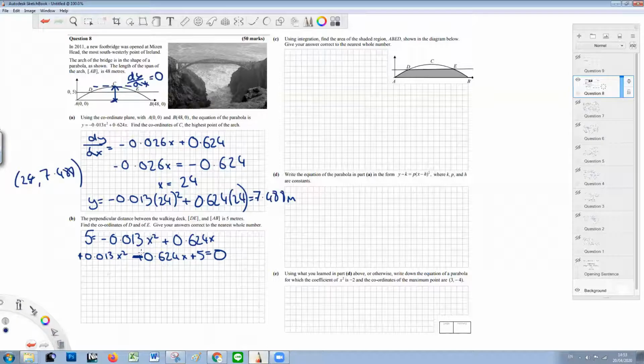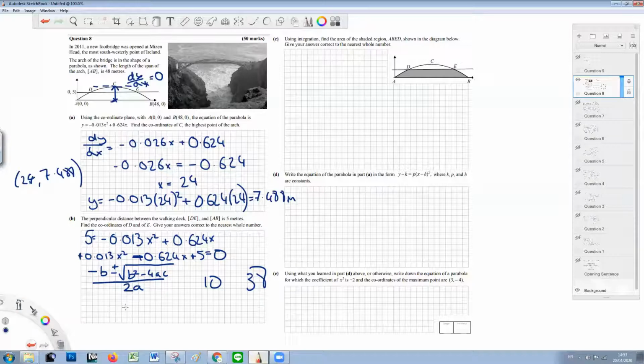So this is obviously very difficult to work out, so the obvious thing to do is go minus b plus or minus the square root of b squared minus 4ac all over 2a. And that's going to end up giving you values of x of 10 and another value of 38.